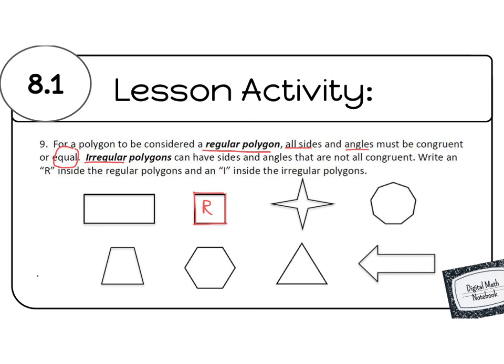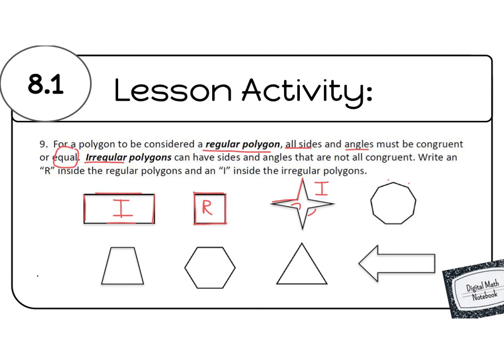So let's see if we can name some of these together. If we start back at the first shape, we can see that these two sides are the same, but these two sides are not. So that would be irregular. This third shape has in and out, which means that we have outside angles and inside angles, so it is not regular.